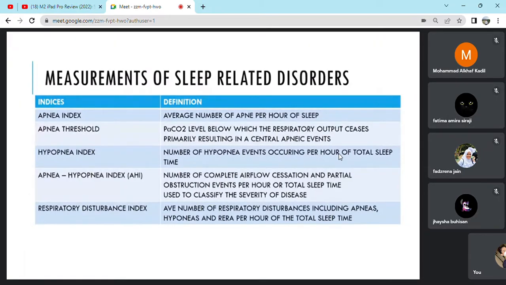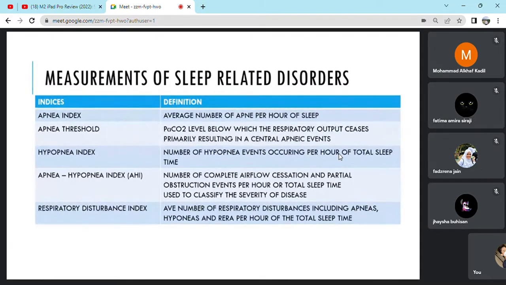And then of course your AHI, which I know has been a common term that you have often heard or encountered when you talk about your OSA. Apnea hypopnea index is the number of complete airflow cessation and the number of your partial obstructive events per hour that is recorded during your total sleep time.